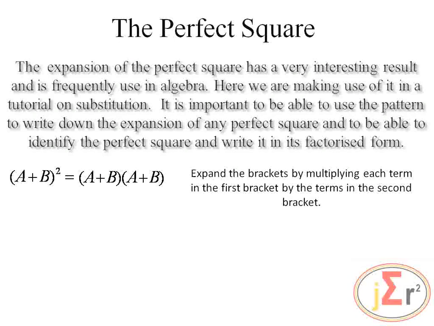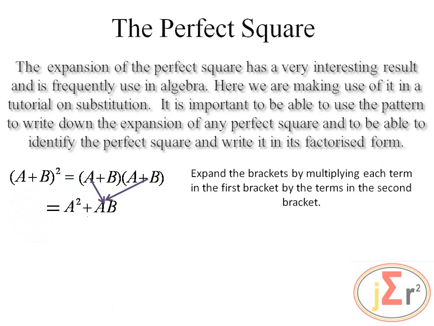Expand the brackets by multiplying each term in the first bracket by the terms in the second one. So take each one, multiply by this one and this one, then take this one, multiply by this one and this one. So a times a is a squared.